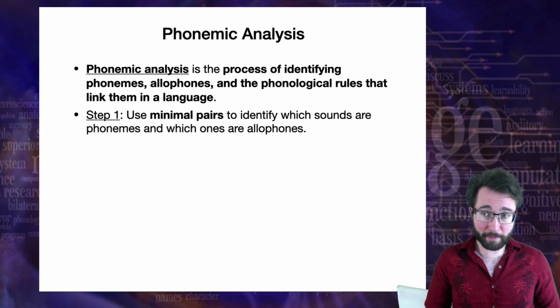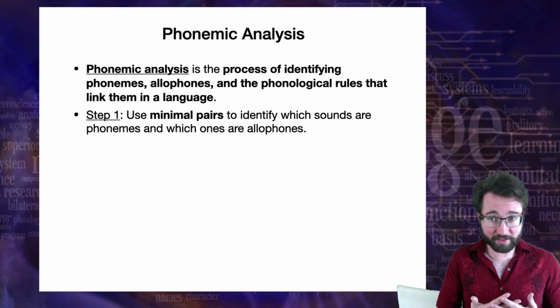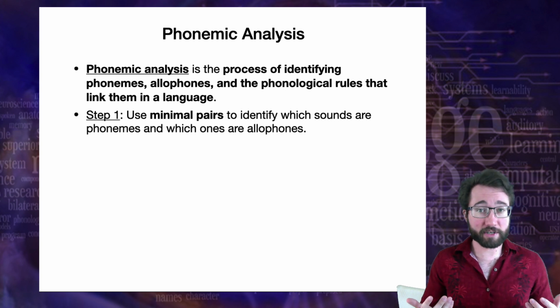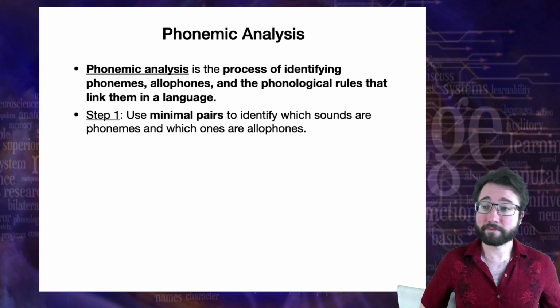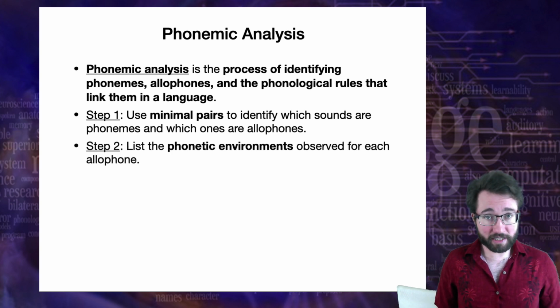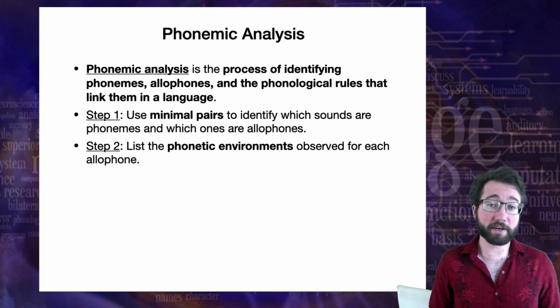Here's the steps. First, you identify minimal pairs to figure out which sounds are contrastive. You identify which sounds are phonemes versus allophones by finding minimal pairs. Next step is to list out the phonetic environments that you see for each allophone of the same underlying phoneme.